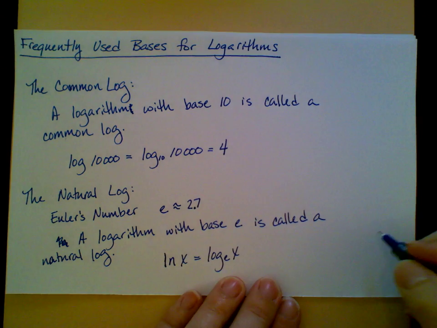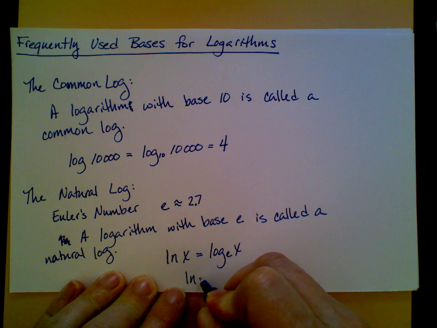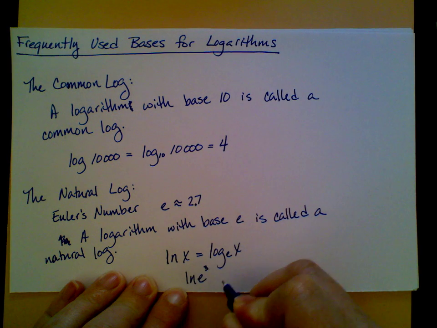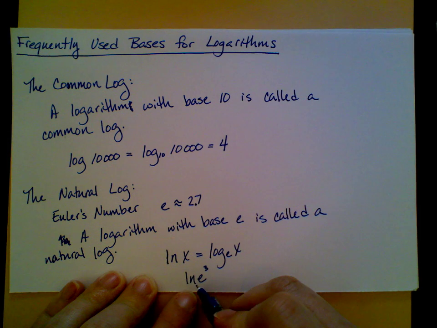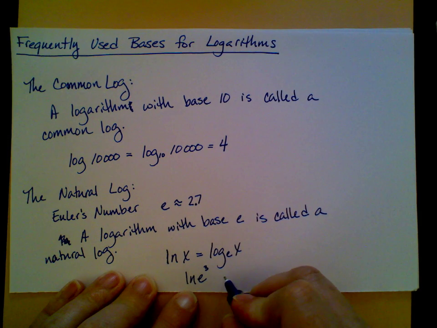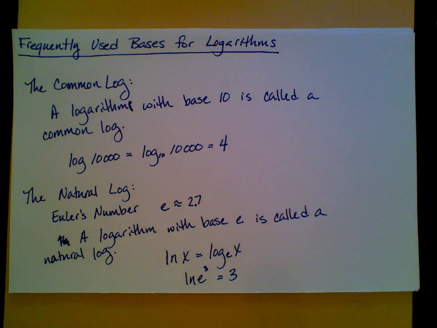And so you could have something like ln of e cubed. Well, the natural log is log base e. What would you have to raise e to in order to get e cubed? And of course the answer is 3. So those are our frequently used bases for logarithms.